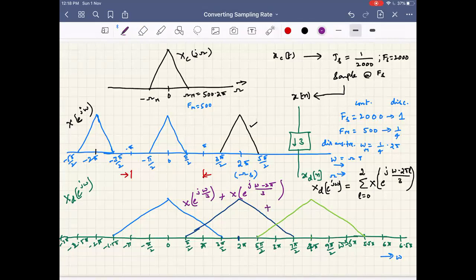Plus, what is the third one? The third one is x of e power j omega minus 4 pi by 3, right? These three put together is given as xd of e power j omega. Is that all?